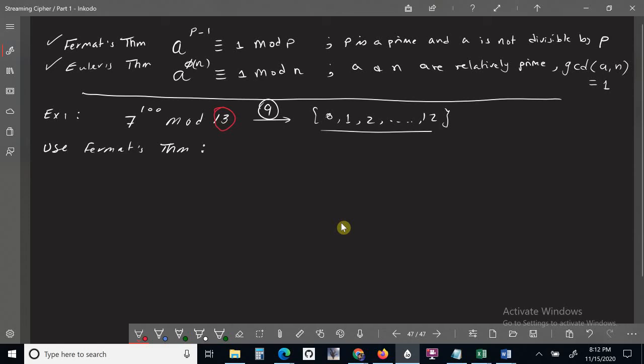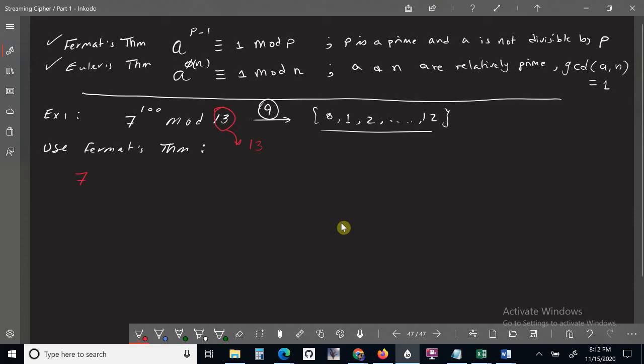In order to break down that exponent 100, the way to do it is as follows. I will work with this exponentiation using p minus 1. Remember, p is 13.